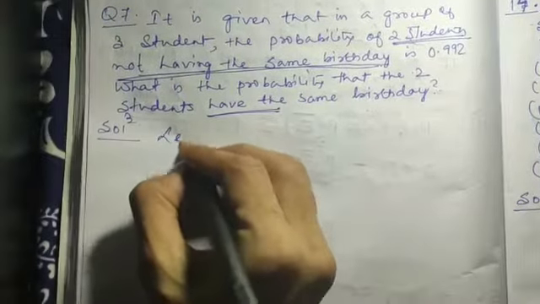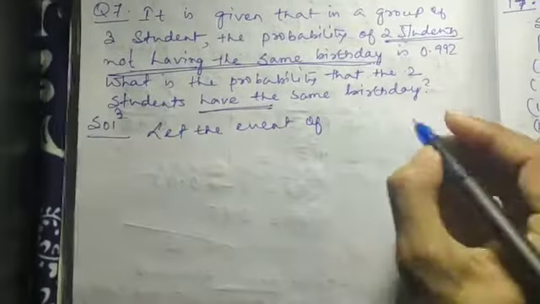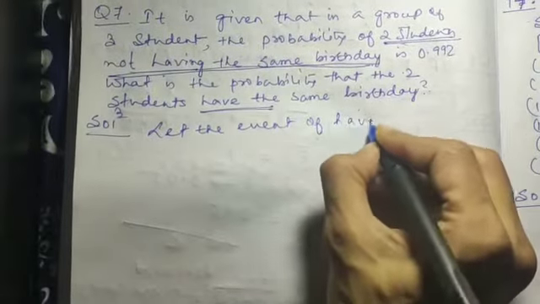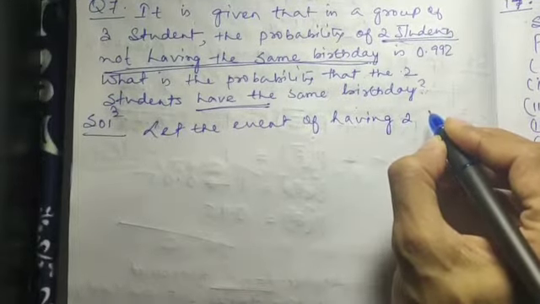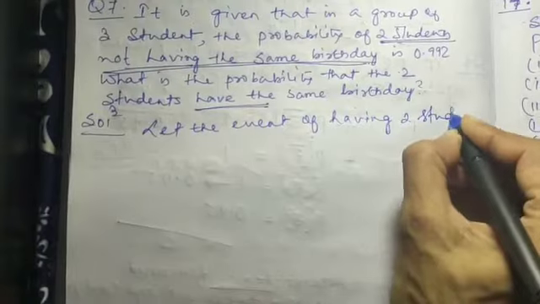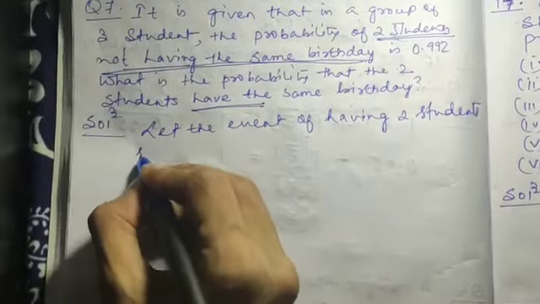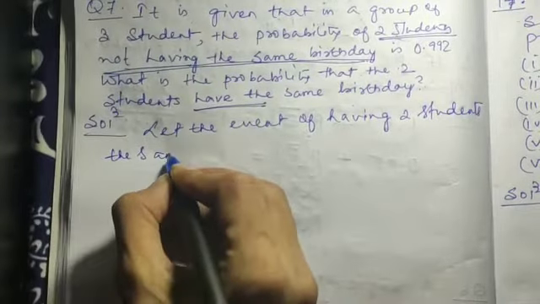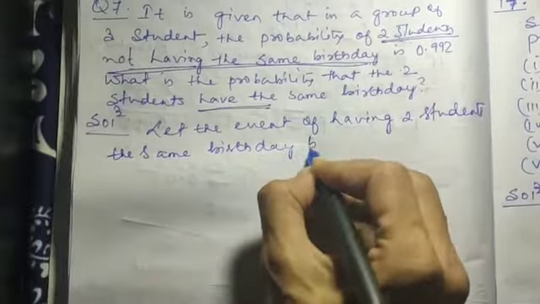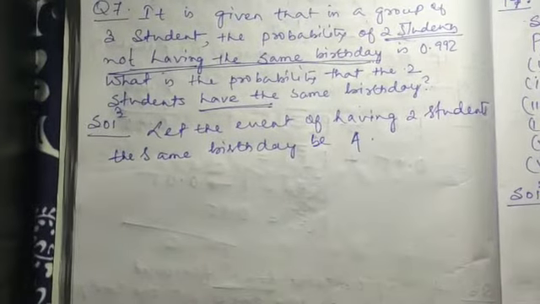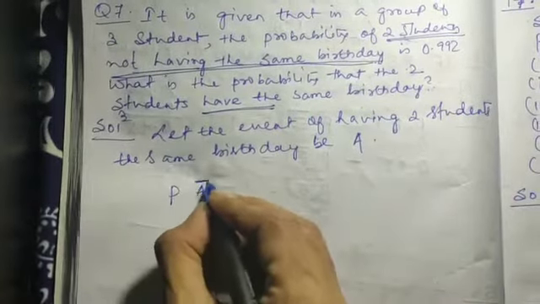So let the event of having two students the same birthday be A.